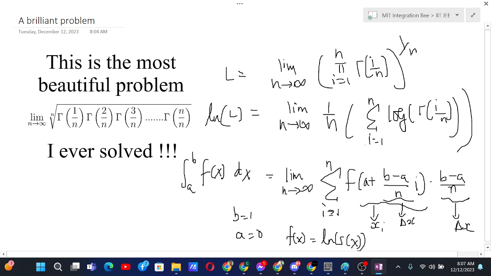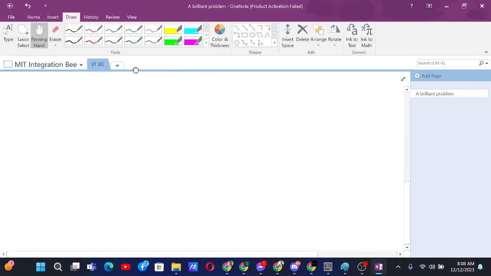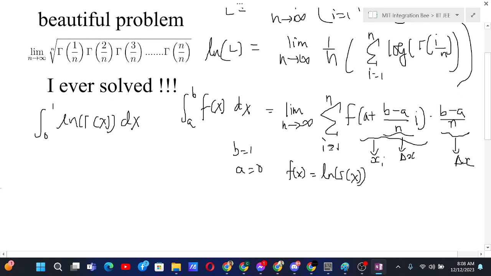In that case, our Riemann sum will be just the integral from 0 to 1, because a is 0, b is 1, of f of x dx. f of x is ln of gamma x, and then dx. Okay. Now the next thing is to evaluate this integral of ln of gamma x. But we don't really know the integral of this function.